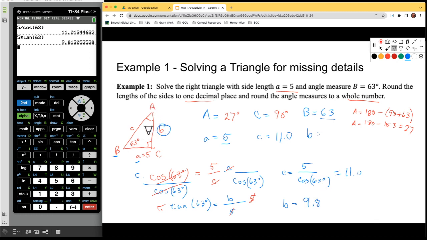And we see from our drawing that this makes sense, because B should be bigger than A. B is 63 degrees, A is 27. So we check, does everything fit? Yes, the hypotenuse is the biggest, then B is the next, then 5. It seems to be good.